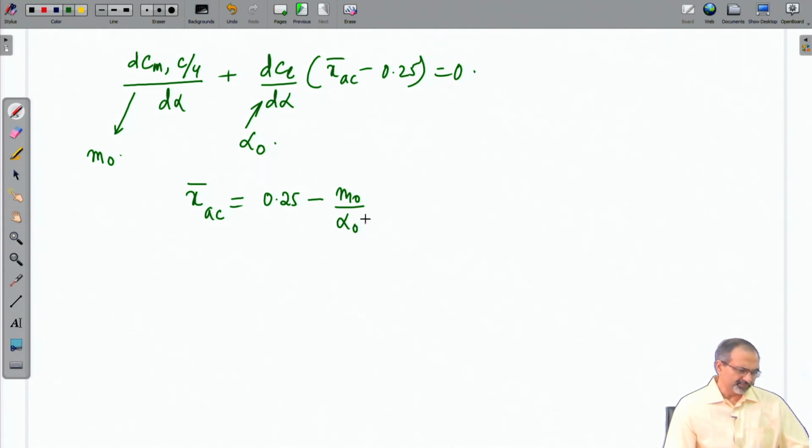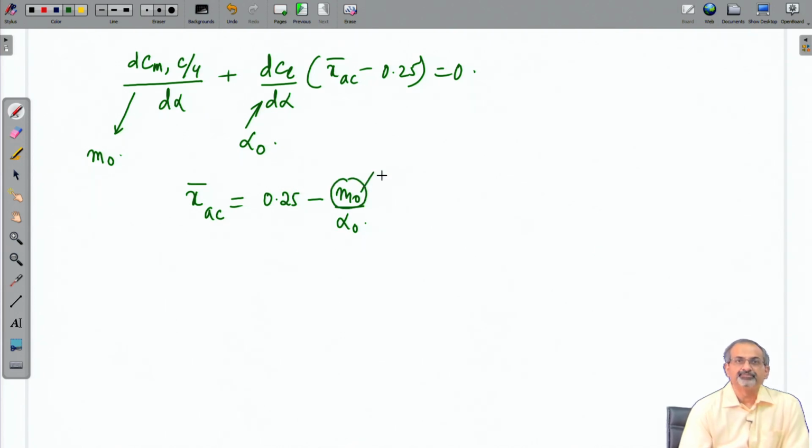Now, incidentally, if the aerodynamic center is precisely at the quarter chord, then obviously m naught has to be 0. So, it has to be basically parallel to the x axis.